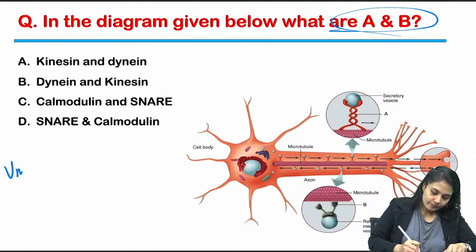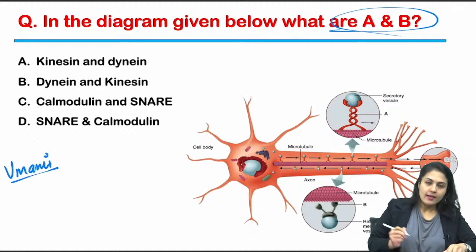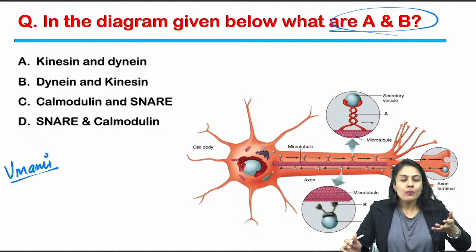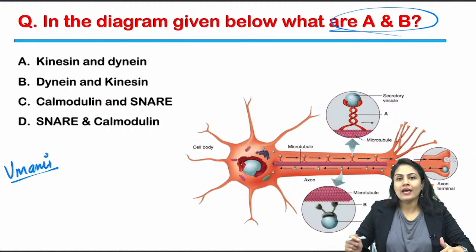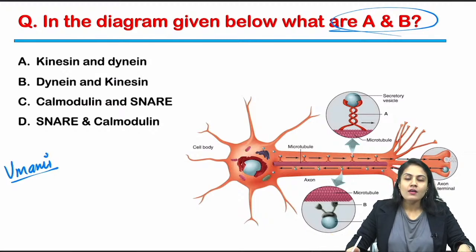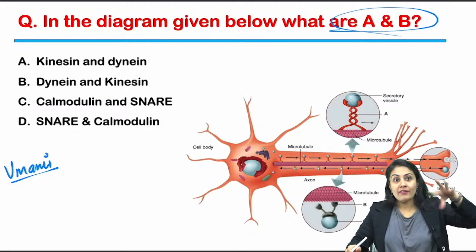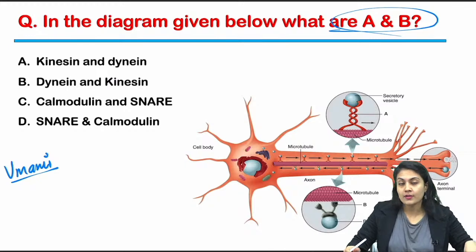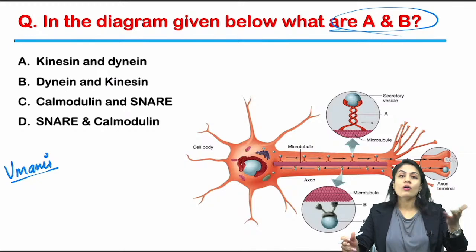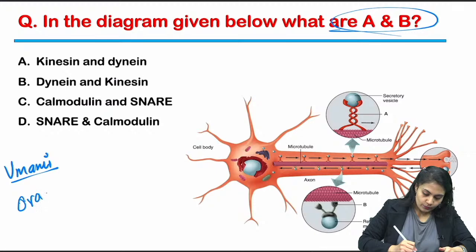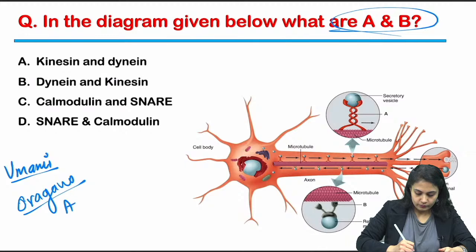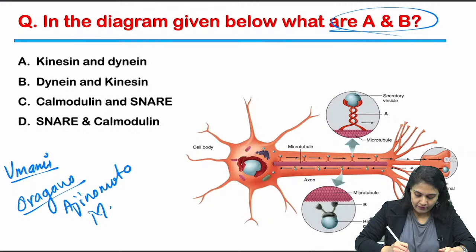Umami. Umami is a type of taste. What type of taste, I cannot explain how it feels, right? But if you go to KFC, if you are non-vegetarian, or you have that oregano acting as a topping on the pizza or wherever, we use it as Ajinomoto, which is having monosodium glutamate.